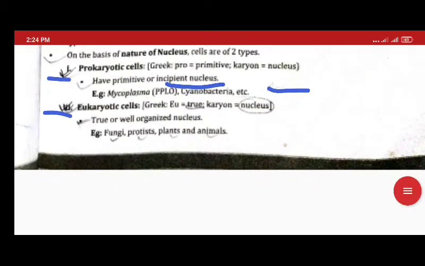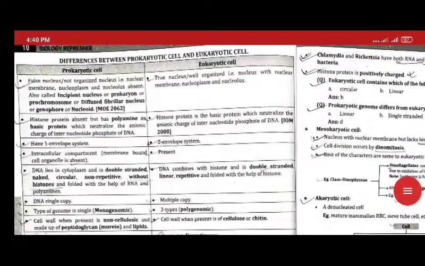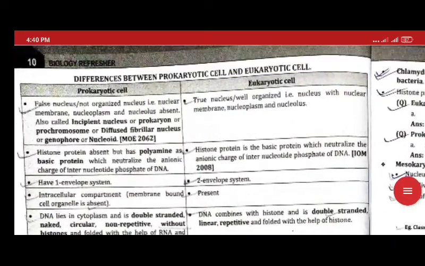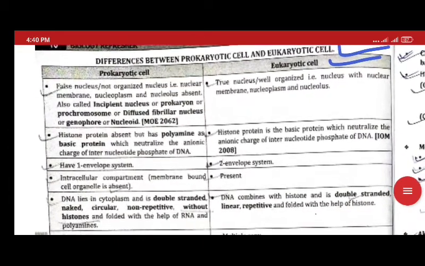Now eukaryotic has an organized or true nucleus. Examples are fungi, protists, plants and animals, which contain a well-developed, organized nucleus with a covering. Next, we have the difference between prokaryotic and eukaryotic cells. Generally a prokaryotic cell has no nuclear cover and a eukaryotic cell has a nuclear cover.